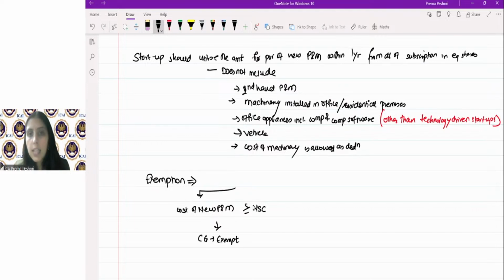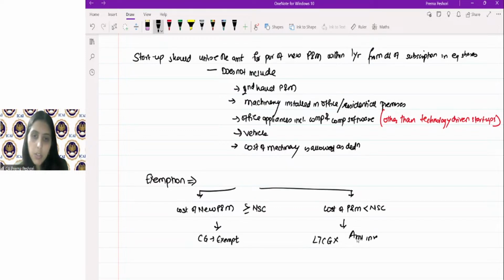If the cost of plant and machinery is less than net sale consideration, then the exemption is LTCG into amount invested in plant and machinery divided by net sale consideration.